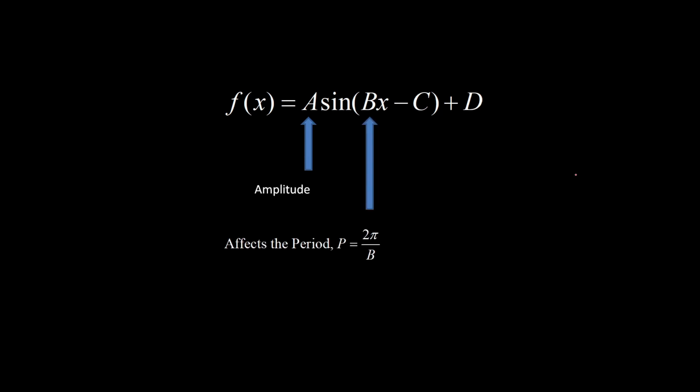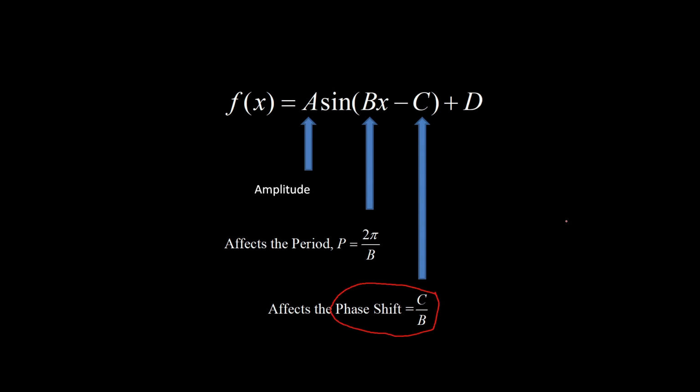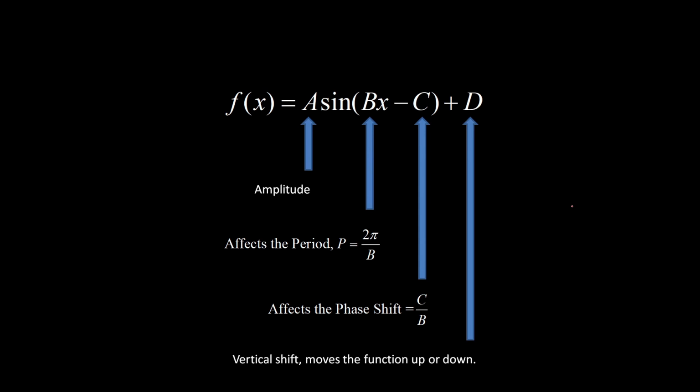B affects the period, and you're going to want to remember, period is 2 pi over B. C affects the phase shift. The phase shift is what moves functions left and right, and you're going to want to remember, the phase shift is C over B. And then finally, D is the vertical shift. That's what moves the function up or down.